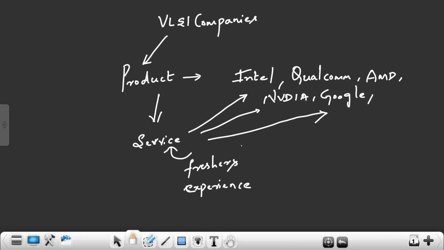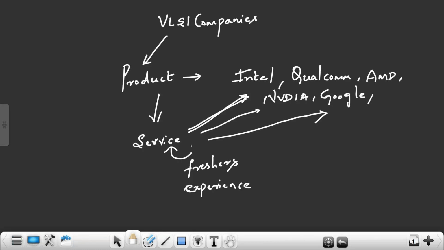So the advantage for the service-based company is that they will train the freshers and project you as a 3-years-experience person. They will pay the salary for 3 years of experience, but you get a little less.